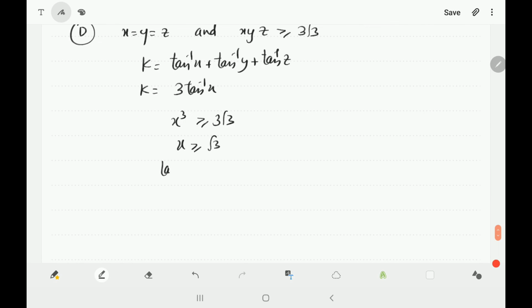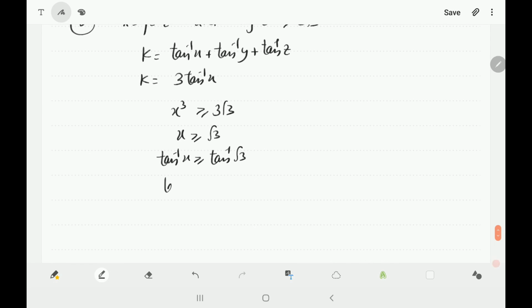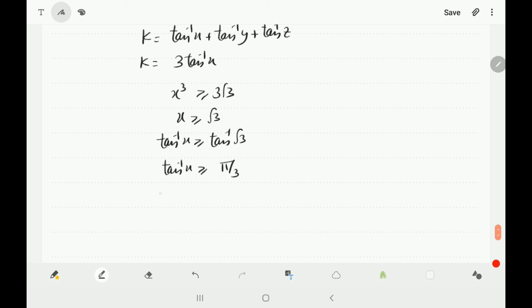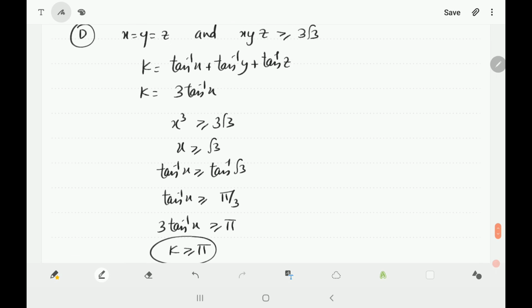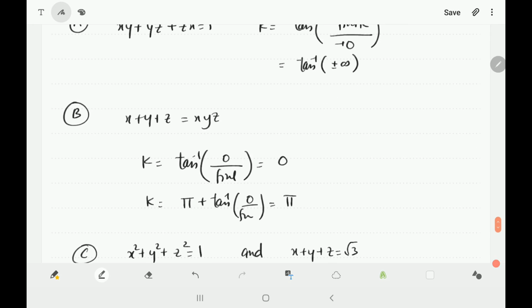Now we need to find tan inverse x. Tan inverse x is an increasing function, so tan inverse x will be greater than or equal to tan inverse of root 3. So we will have tan inverse x greater than or equal to pi by 3, because tan 60 is root 3. So 3 tan inverse x will be greater than or equal to pi. So we will have k greater than or equal to pi. So for condition D we have k greater than or equal to pi.